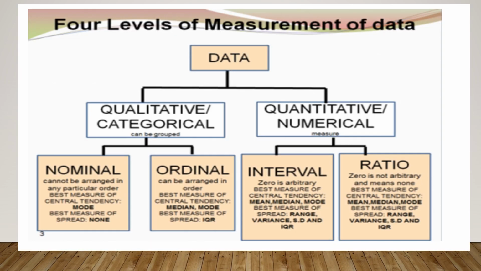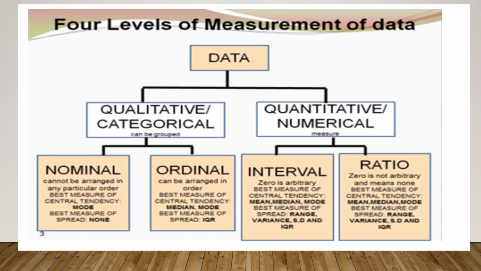Most data fall into one of two groups, the numerical and categorical data. When we say numerical, these are quantitative or can be measured. There are two types of numerical data. We have the interval and ratio.